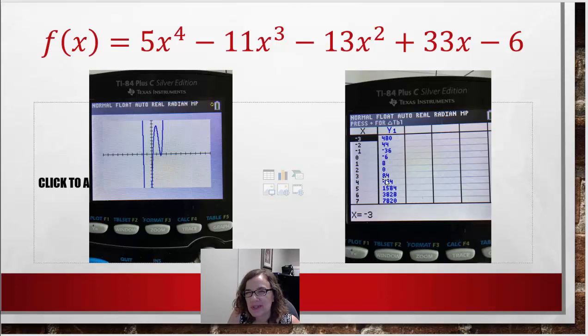So the rational zeros theorem may help us out, may not, and it's going to be this little one right here in the middle between 0 and 1. If we can find that one, then that will be our second one that we need. We always need 2 when you have degree 4.